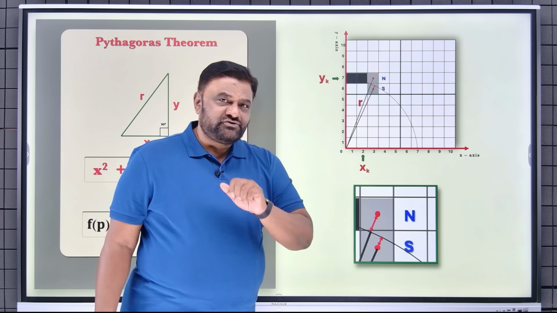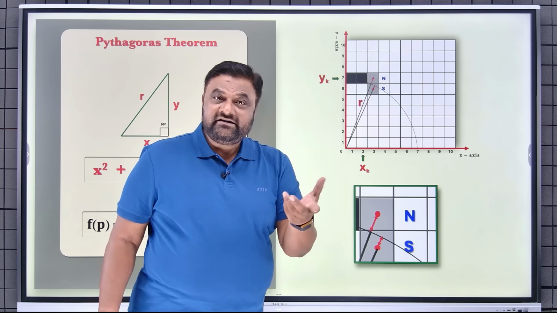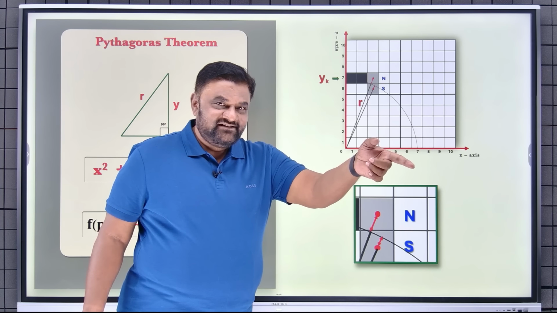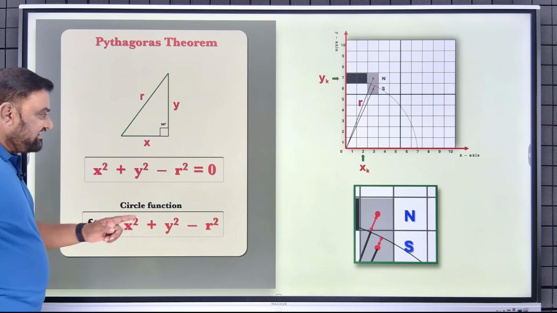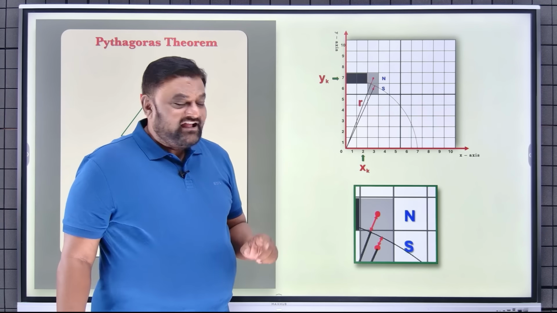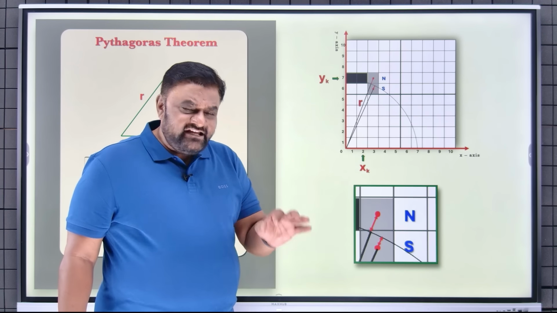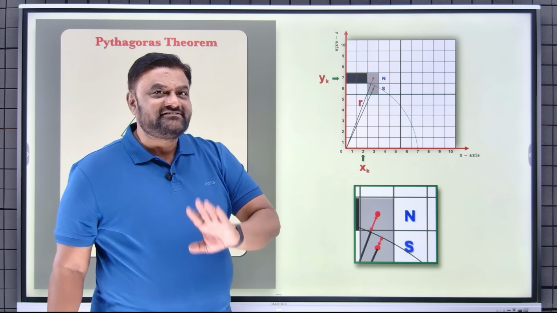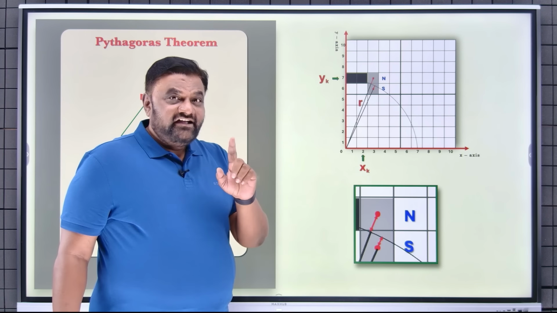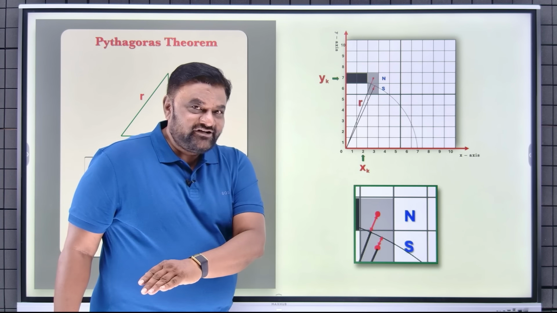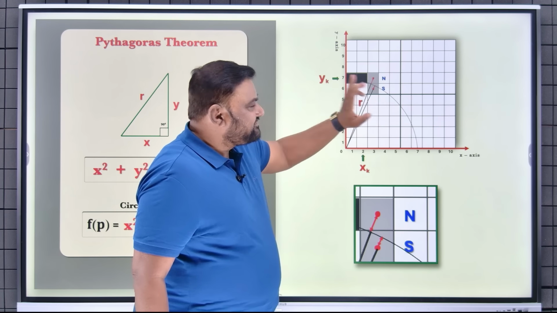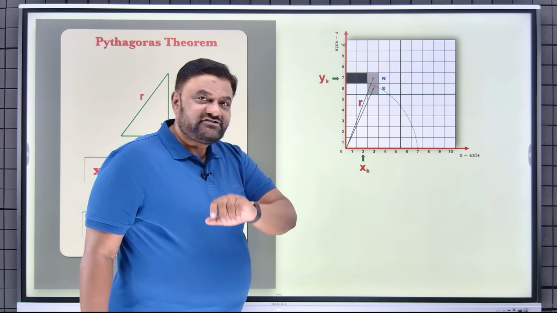One thing for sure, the northern point may be on the circumference or outside it, which means if you put it in this equation, you get either 0 or greater than 0. And the southern point is always on or inside the circumference, so when you put it in this equation, it is 0 or less than 0. This one is greater than or equal to 0, and this one is less than or equal to 0.